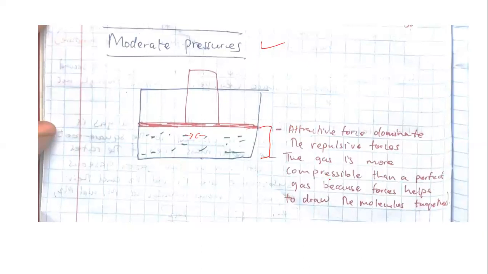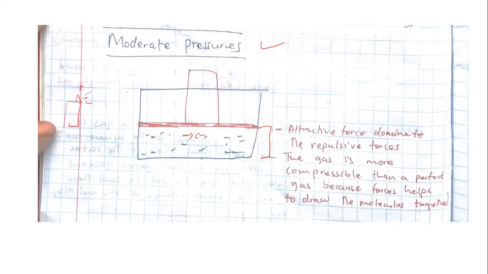The gas is more compressible than a perfect gas because force helps to draw the molecules together. Remember, here we have attractive force between these gaseous molecules. They attract each other. So it's easy for you to compress these gases. Like for an example, if you want to use an aerosol or a spray.